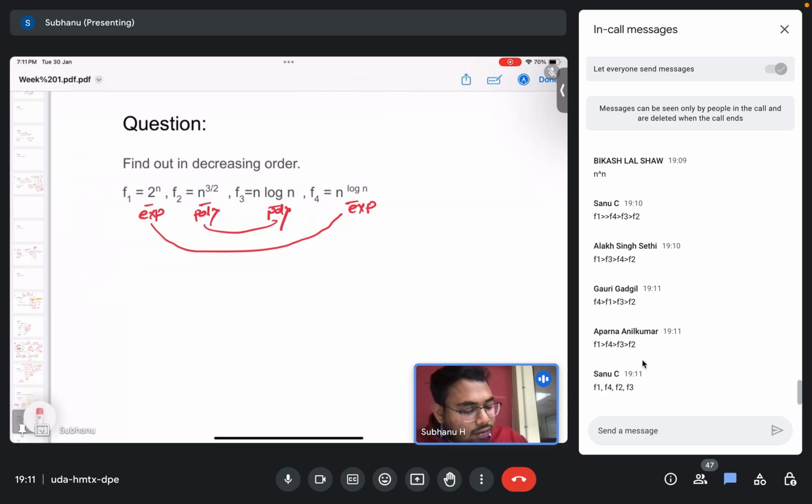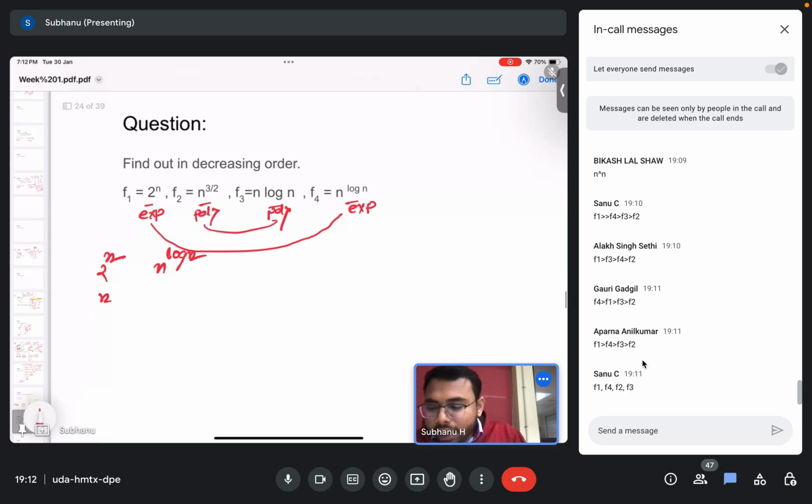In my opinion, I'll start from the first one, because this is the exponential function, and just by looking at it I assume that this will be the greater one. I will then compare these two exponential functions, 2 to the power n and n to the power log n. I will apply log again.